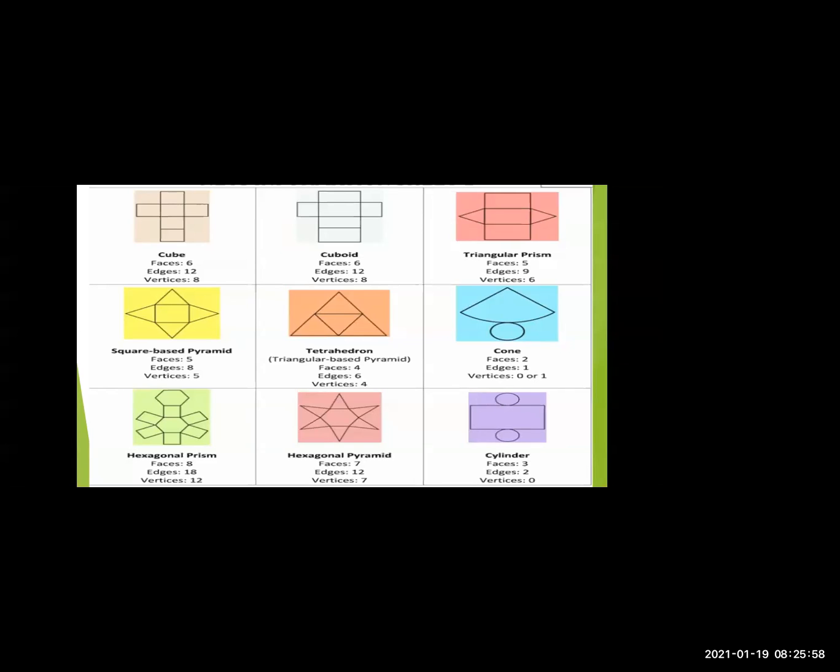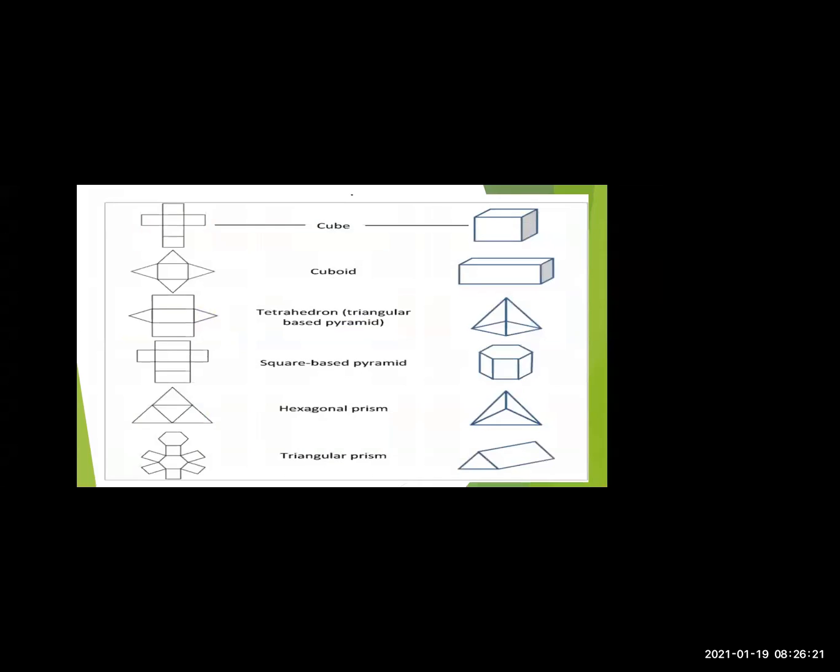And in a hexagonal prism, we can see there are 8 faces, 18 edges, 12 vertices. And in a hexagonal pyramid, 7 faces, 7 vertices, and 12 edges. And in a cylinder, we can see there are 3 faces, 2 edges, and no vertices.